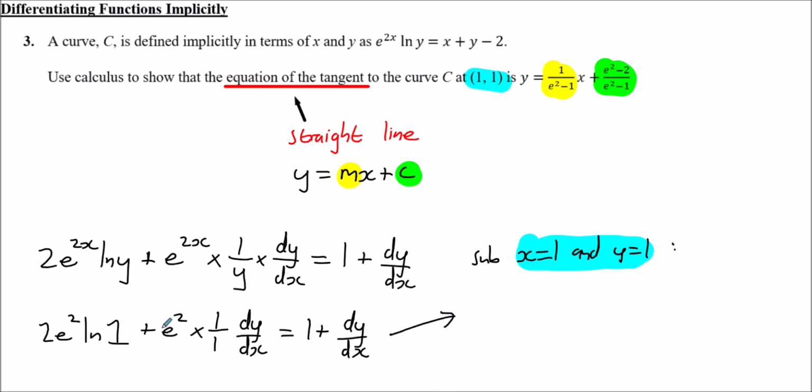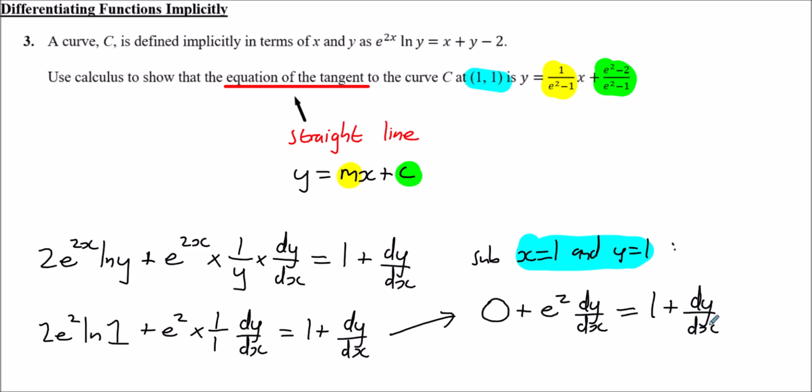So ln 1 is 0, so this vanishes, that becomes 0. So I've got e squared dy by dx equals 1 plus dy by dx.